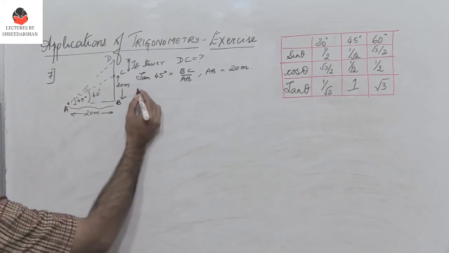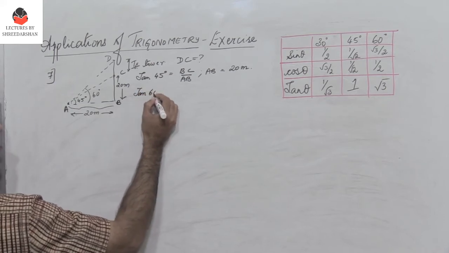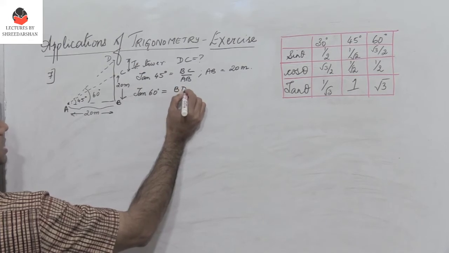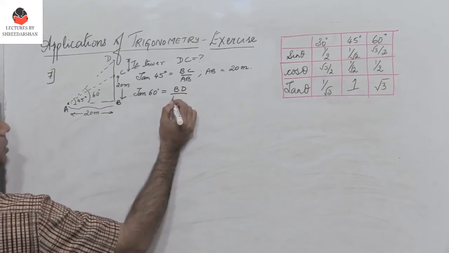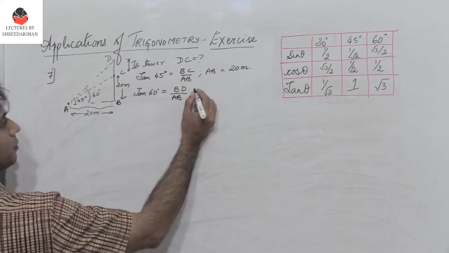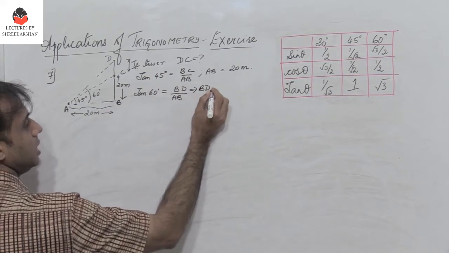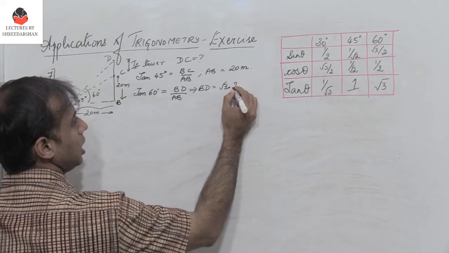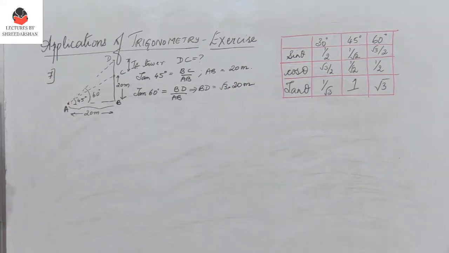Now let us apply tan 60, which is the whole length BD divided by AB. So I can find out what BD is. BD is tan 60, which is root 3, into AB, which is 20 meters. So I need to find DC.